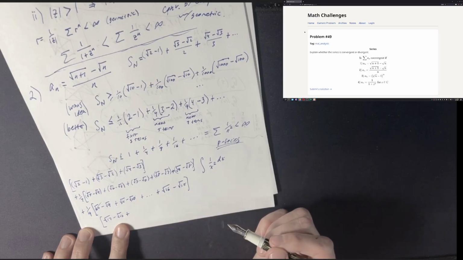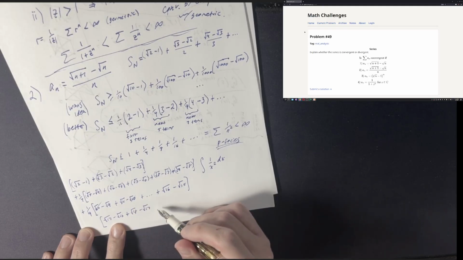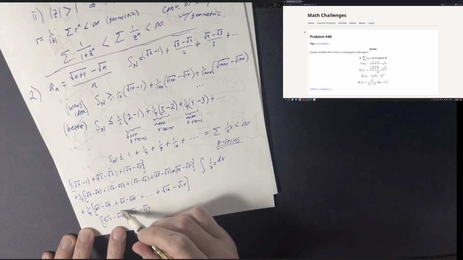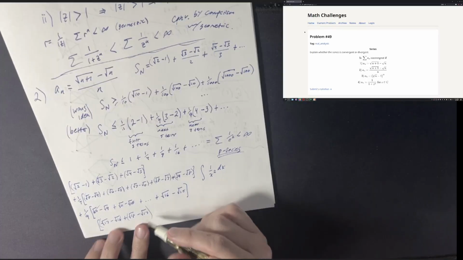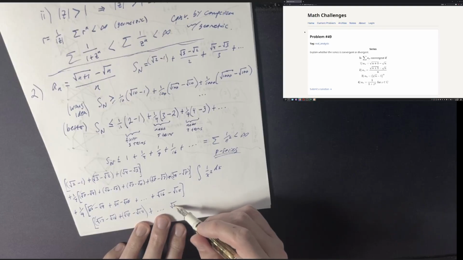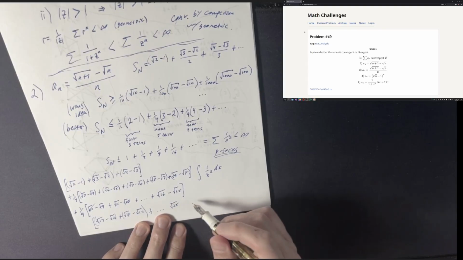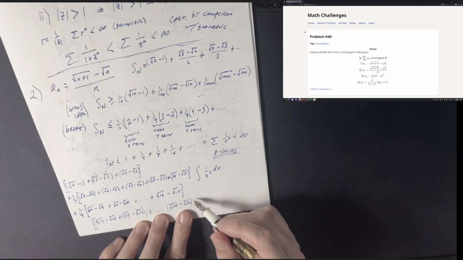Oh, did I? No, that's right, that's right. Root 18 minus root 17, etc. So all the ones that are non-powers get canceled, and we eventually hit on like root 25 minus root 24. Root 24 cancels.